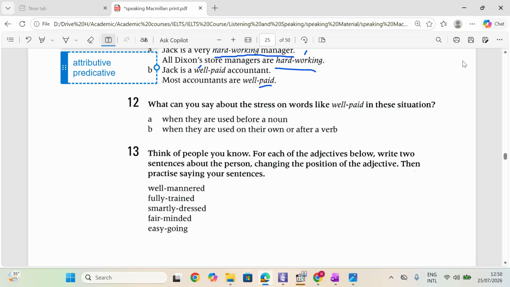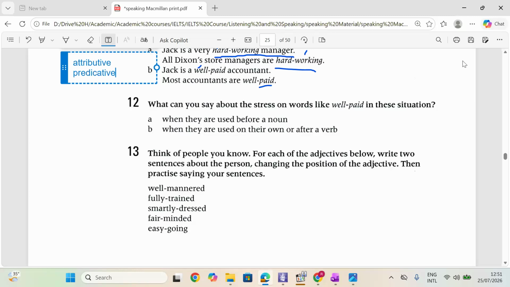He's such a well-mannered boy that everyone praises him. My brother is extremely well-mannered. She's a fully trained nurse, ready for any emergency. The new staff members are now fully trained. He's a smartly dressed gentleman attending the conference.